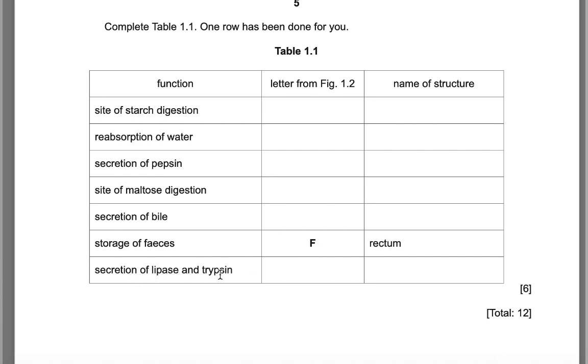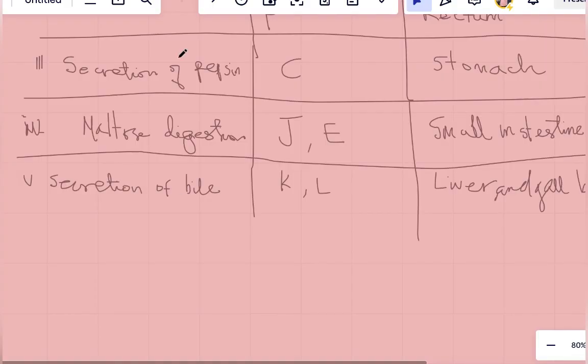The secretion of lipase and trypsin. This is in the small intestine, right? Let's see where that takes place. Okay, let's even write the one they've done for us. Storage of feces is happening in F, in the rectum.